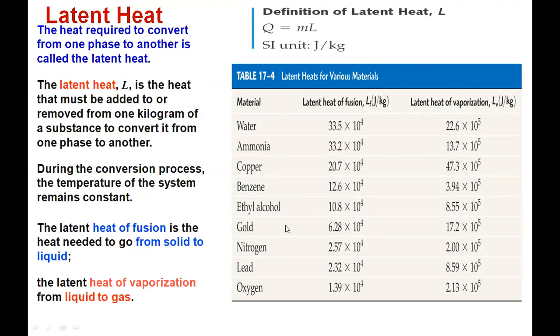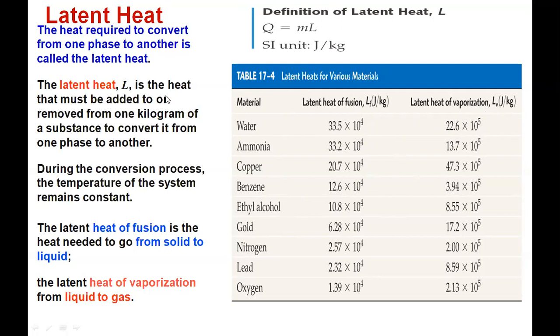And this is some material for the latent heat of fusion and for latent heat of vaporization. So the heat required to convert from one phase to another is called the latent heat, which is the hidden heat that converts from one phase to another.